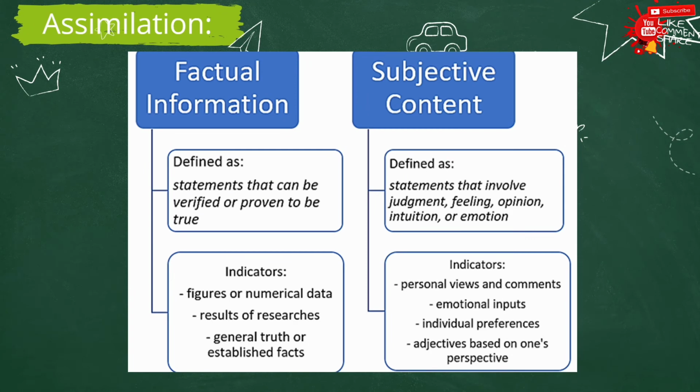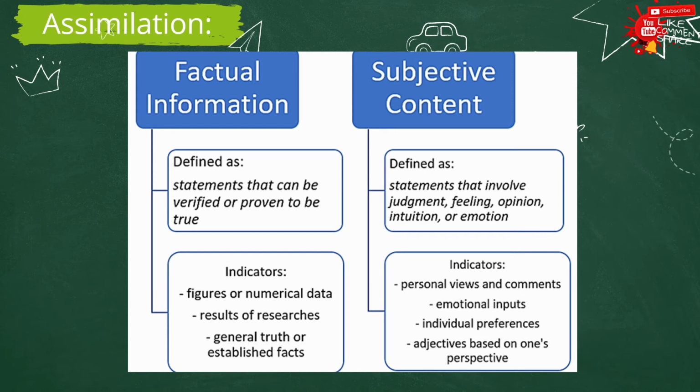Now, to sum up the lesson, remember, factual information is defined as statements that can be verified or proven to be true. These are its indicators: figures or numeral data, result of researchers or researches, and general truth or established facts.